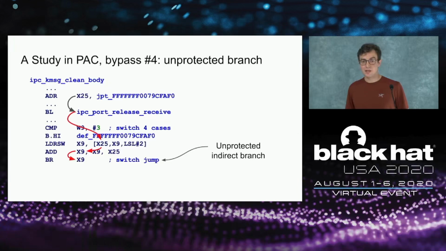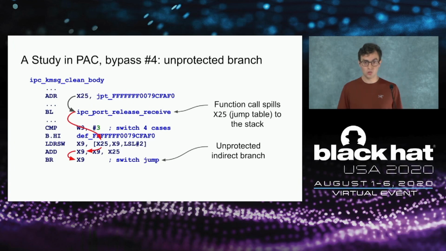In this particular case, even though the idea was to find things that were vulnerable to interrupts, I actually found that there's a function call which directly spills register X25 to the stack. So there is in fact no need in the proof of concept that I submitted to leverage preemption in order to take advantage of this switch statement in order to get arbitrary kernel code execution.